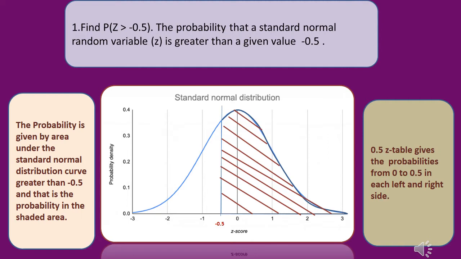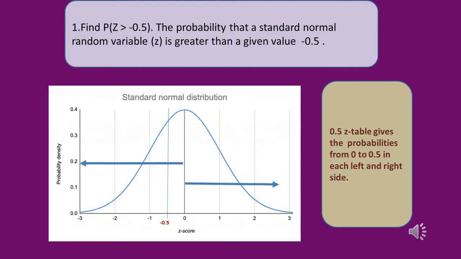Then to find the probability of this shaded area, we need to use the 0 to Z tables. The Z table gives the probabilities from 0 to Z, in the left side and right side.